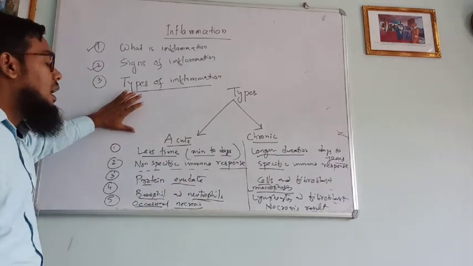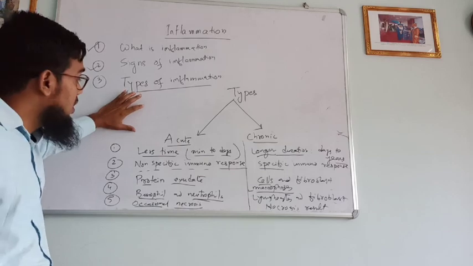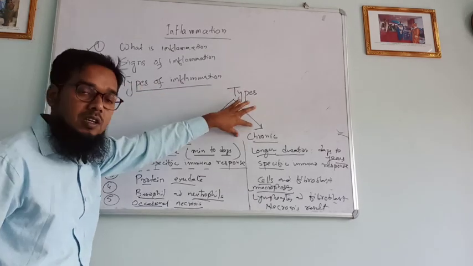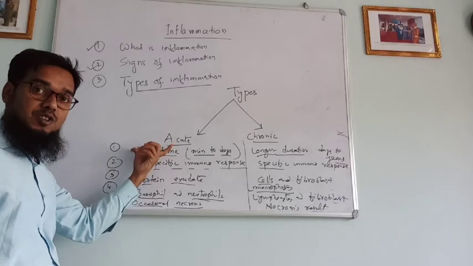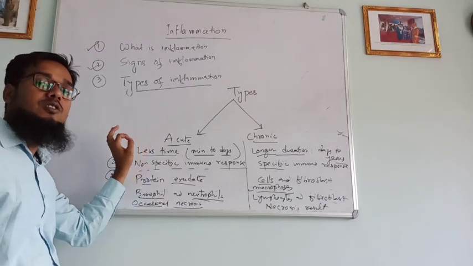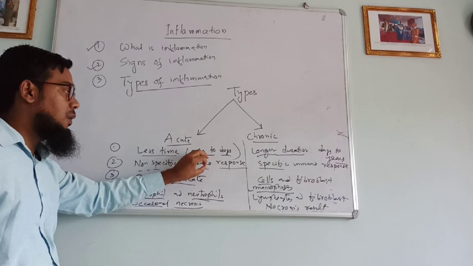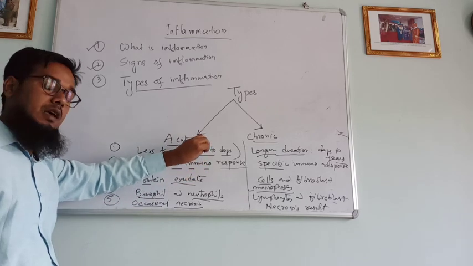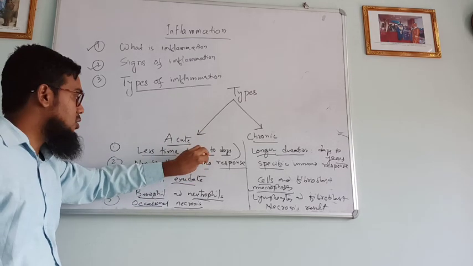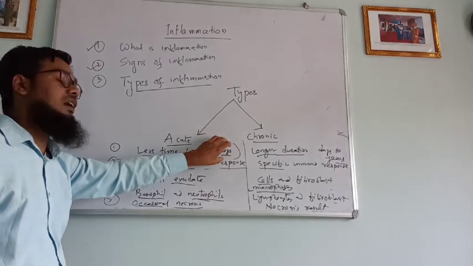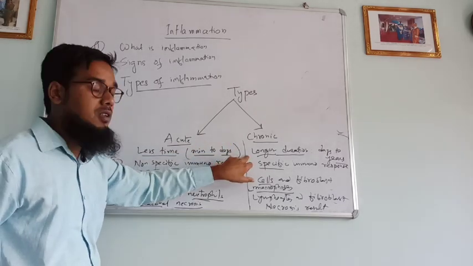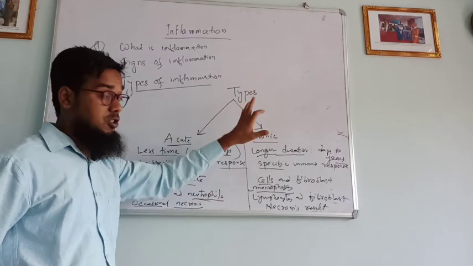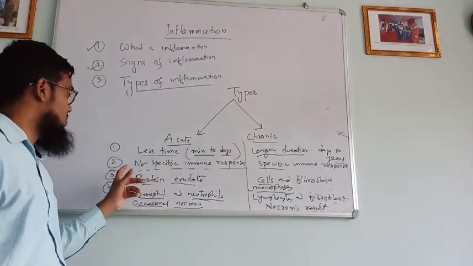So these are the types of inflammation, acute and chronic. A very simple, quick definition: acute inflammation has a very short duration. It occurs due to an injury or an infection, from some minutes to a few days. That is called acute inflammation. But chronic inflammation happens for a longer duration, days to years.